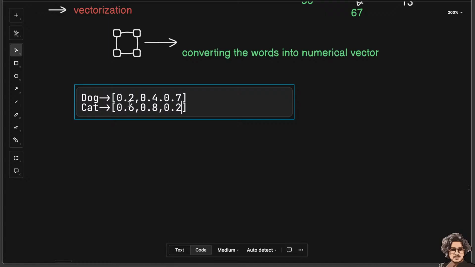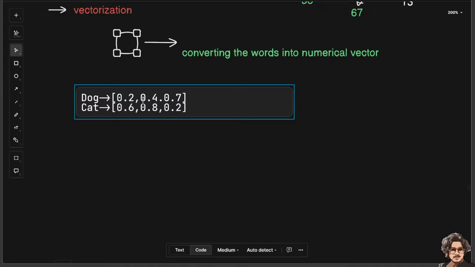Dog and cat are close as vectors because their meanings are very similar.